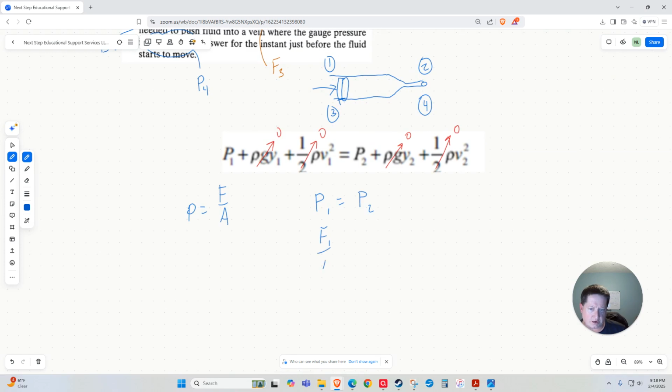So that's force 1 over area 1 is going to equal force 2 over area 2, to get that medicine moving into the vein.